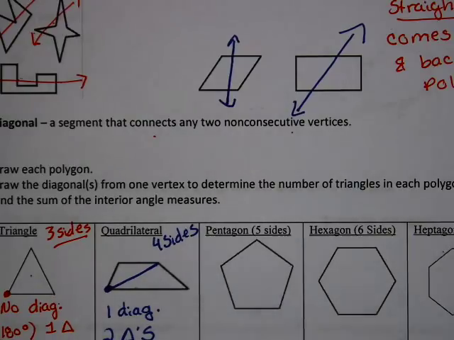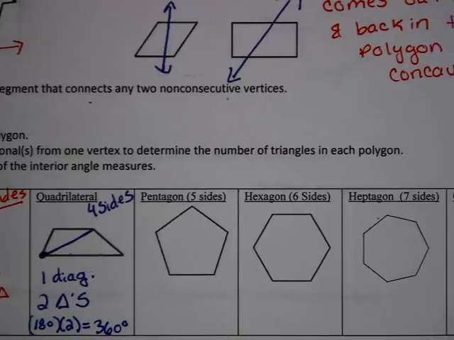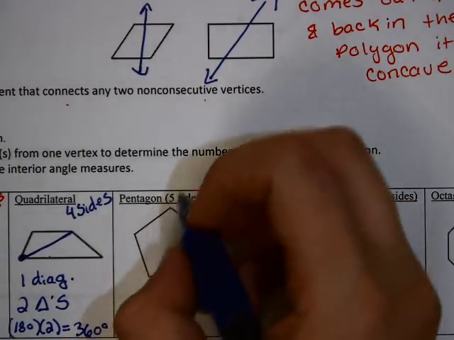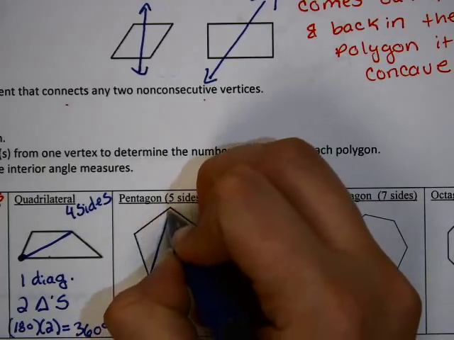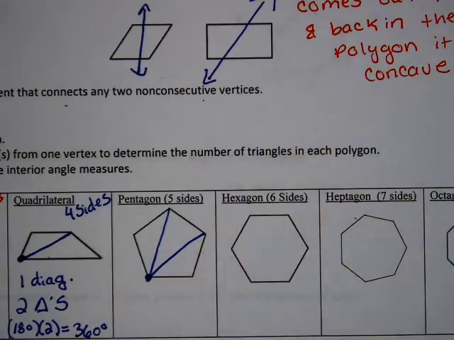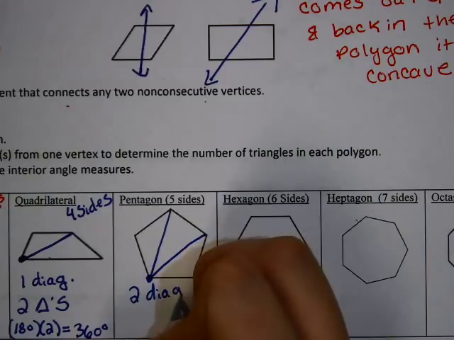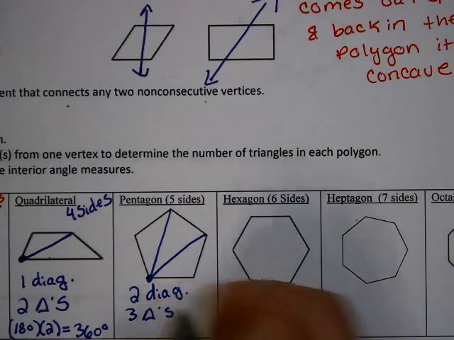All right, so let's do the same thing for our pentagon. Okay, so the pentagon has 5 sides, and let's start at this vertex, and I have 2 diagonals, which gives me 3 triangles.